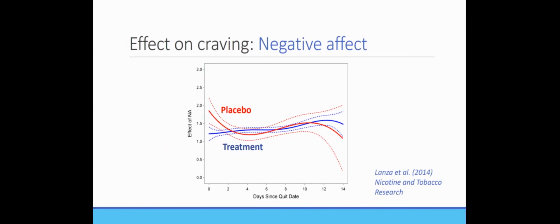In contrast, for those in the treatment groups, which are grouped together here, the association between negative affect and craving right after they quit smoking, at day 0, is much smaller. It's about 1.3.